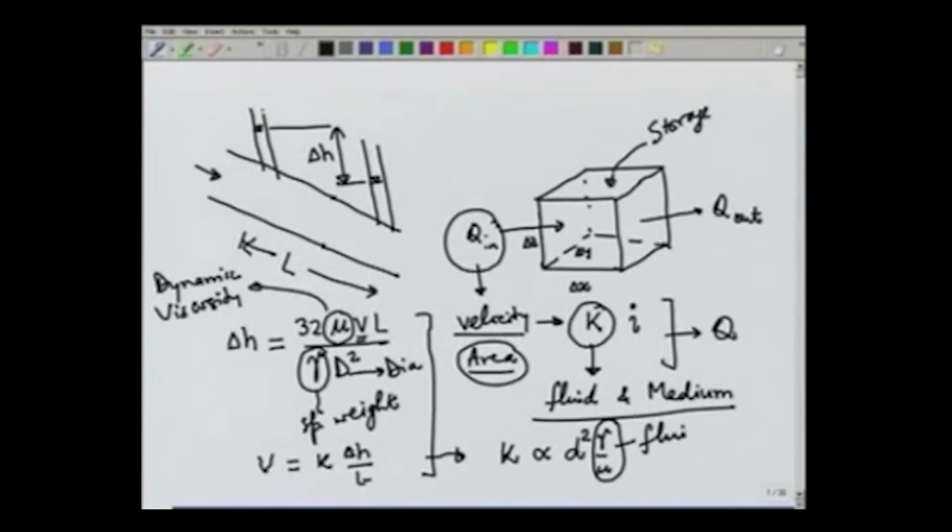This is fluid property, and d square denotes the porous medium property.